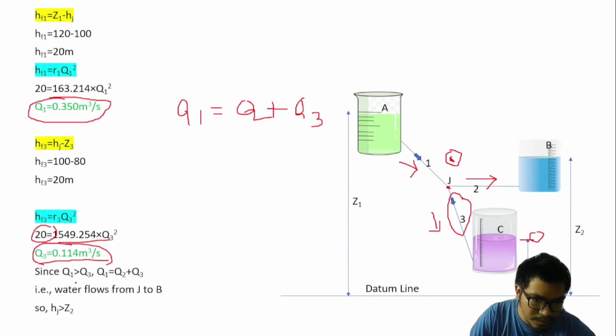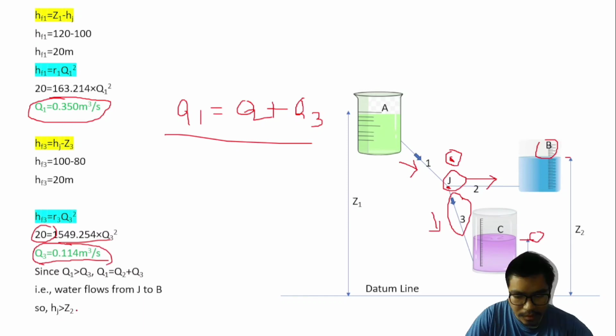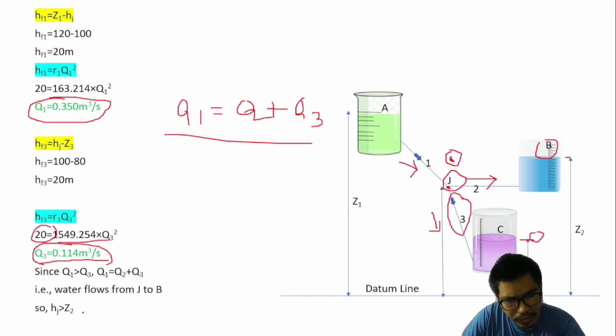Since water flows from J to B, the total head at J must be greater than the total head at 2, so HJ greater than H2. So I have given the direction.